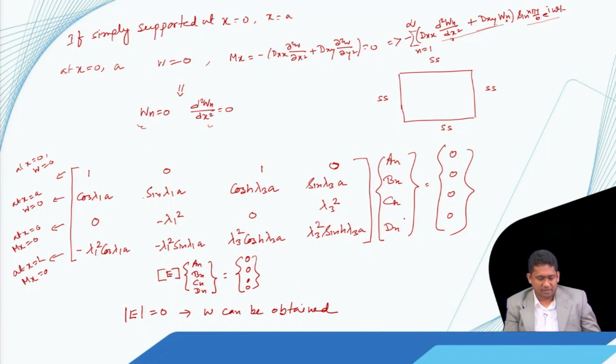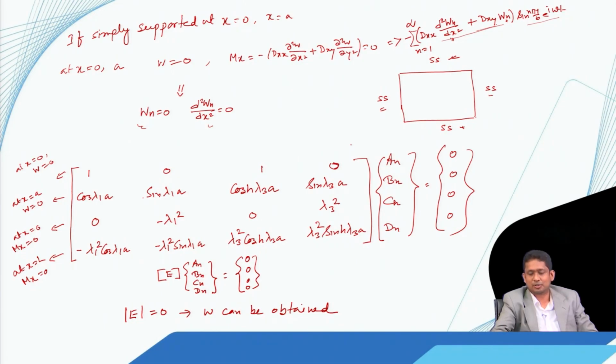So this is how we do the Levy's solution for free vibration analysis of a cross ply laminate, where two opposite edges are simply supported, and we have dealt with two cases where the other two edges are clamped and also simply supported. And as we discussed before, this can be a check. Here we initially considered that these two are simply supported, and then later on we put the simply supported condition here.